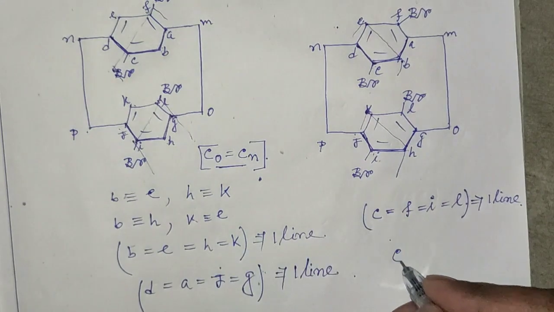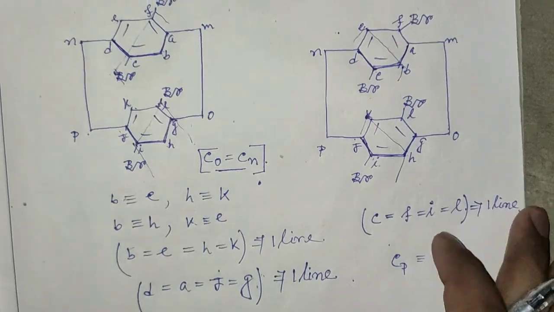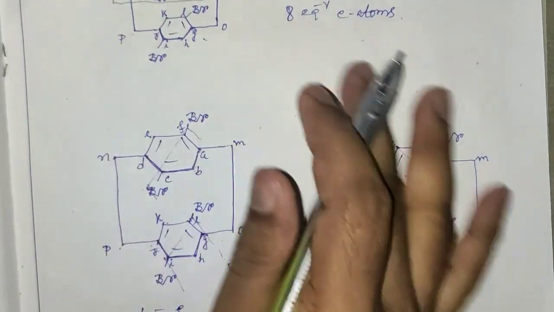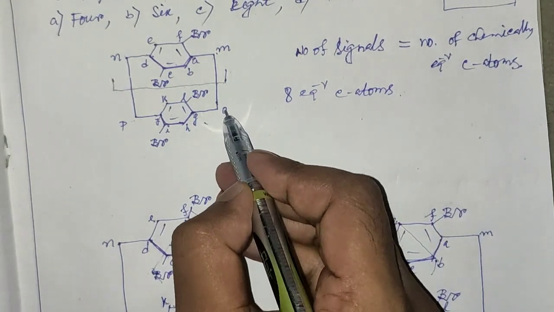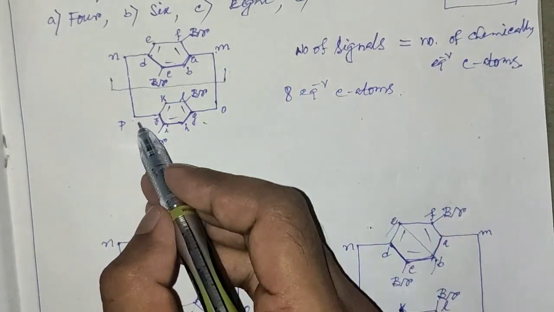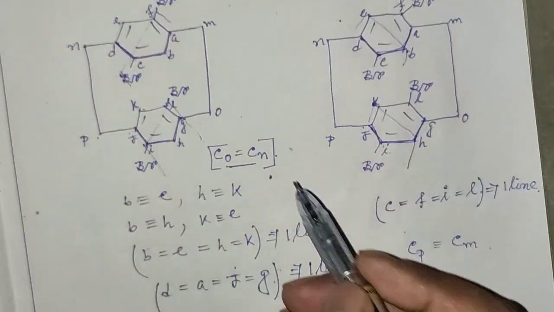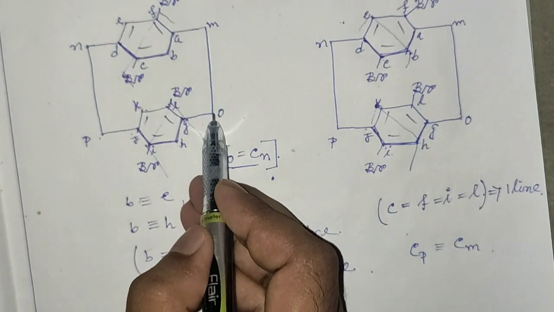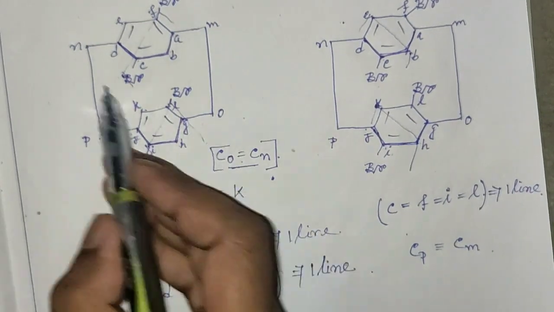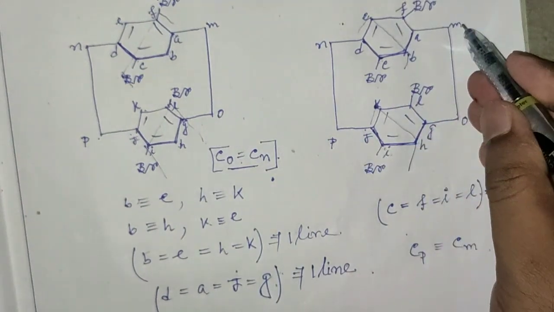I am writing here Cp is equivalent to Cm. Previously, for this sigma plane, we have seen that this carbon is equivalent to this and this carbon is equivalent to this, and for this 2 sigma plane we can say that this O carbon is equivalent to N carbon, and for this sigma plane P carbon is equivalent to M carbon.